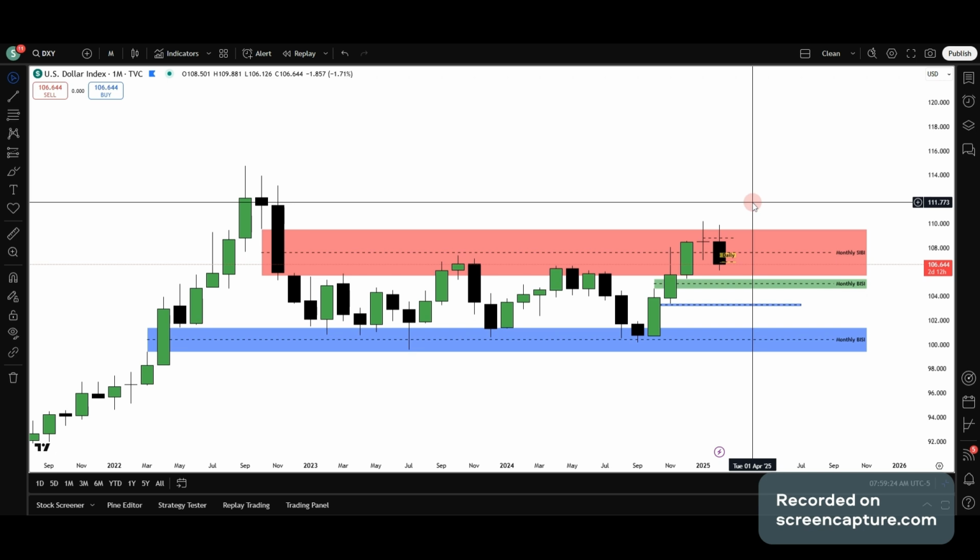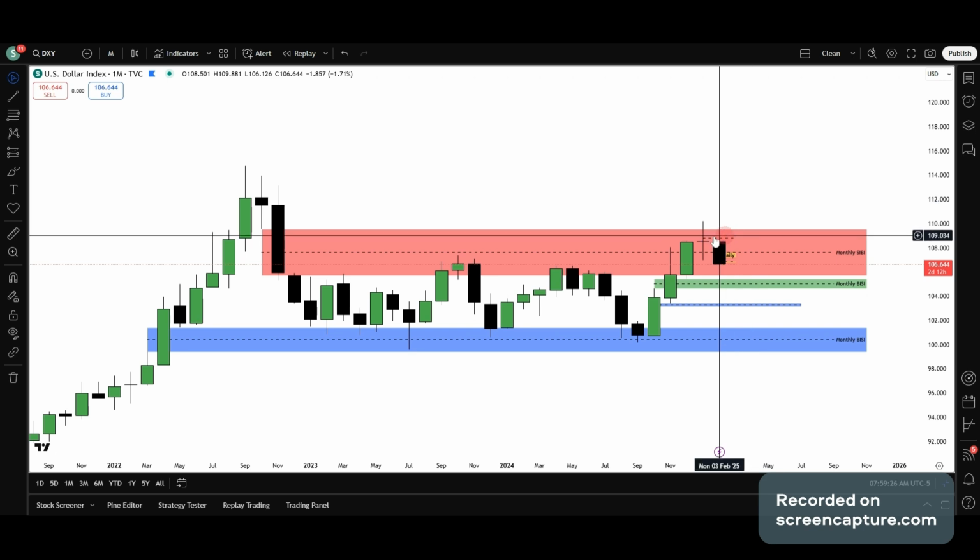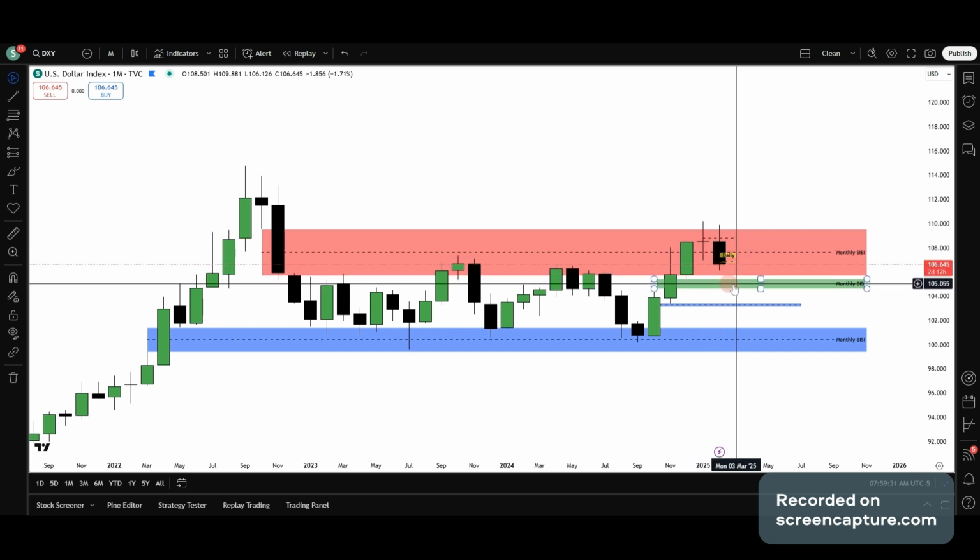Okay, so what I'm waiting on is for this delivery into this green rectangle, which is a monthly buy side imbalance, sell side inefficiency.